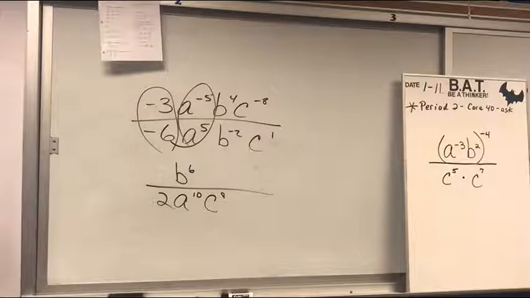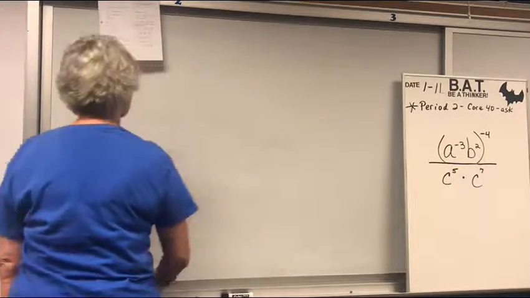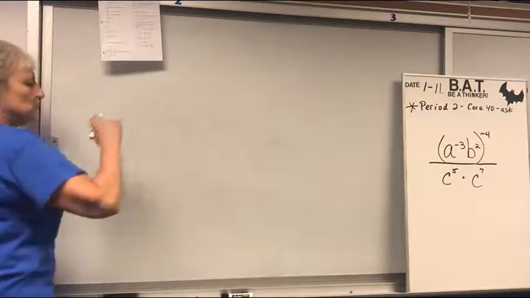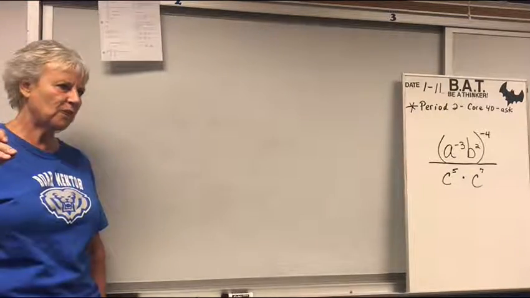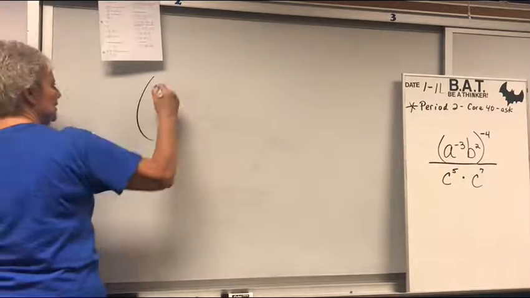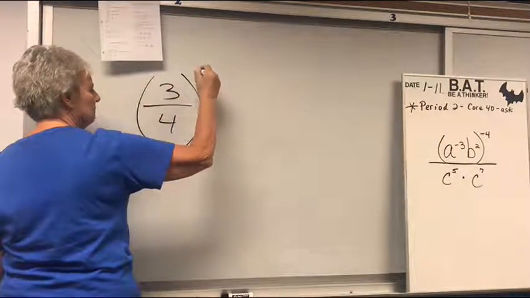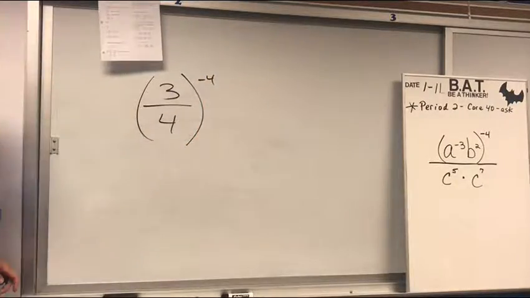Don't subtract exponents. It's too difficult. That's how you were taught to do it in 8th grade, but you shouldn't do it that way. So you'll notice when I had 2 negative exponents, it always flipped. So when you have a fraction to a negative exponent, let's just put negative 4.